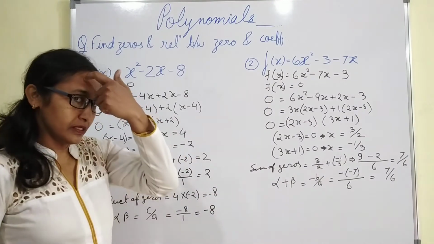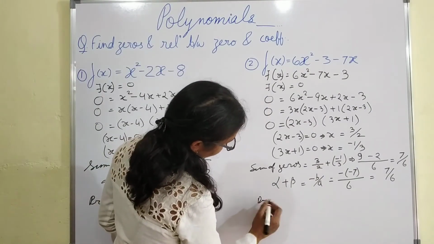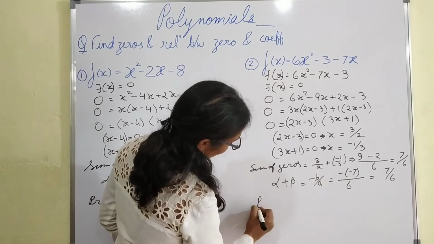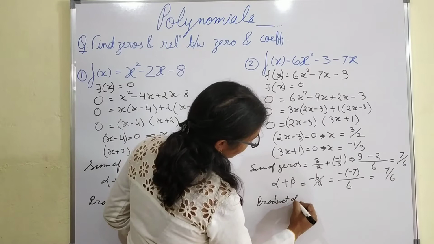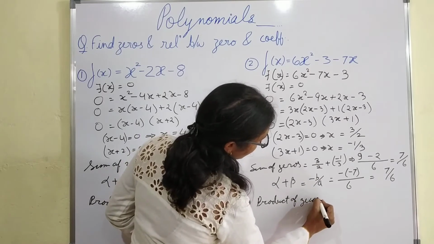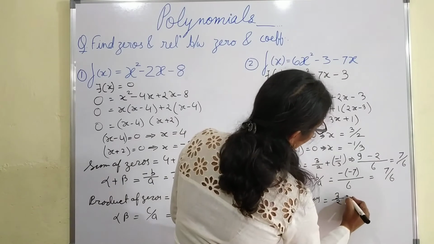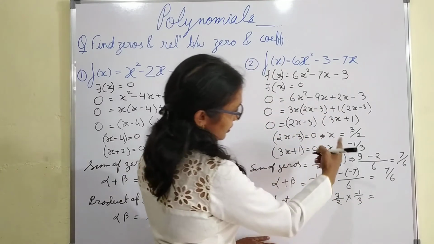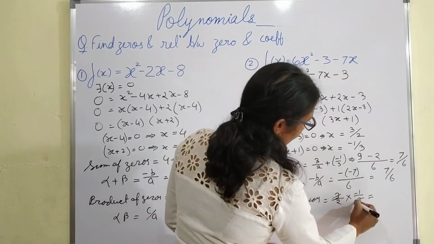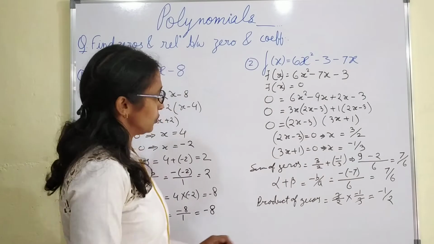Now, next is product of zeros. Product of zeros means 3 upon 2 into minus 1 upon 3, which becomes minus 1 upon 2.